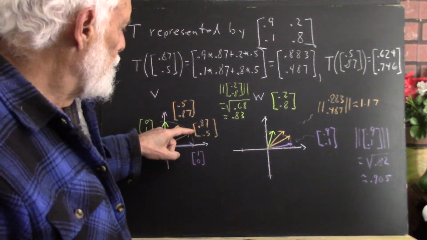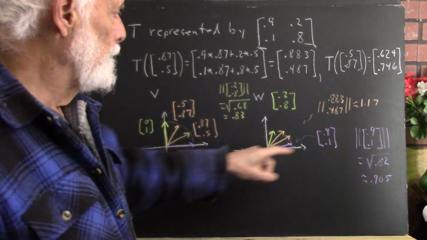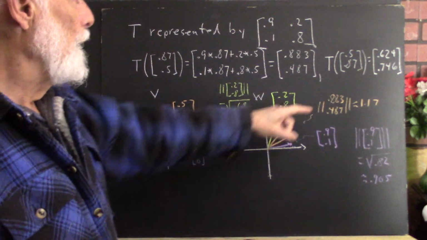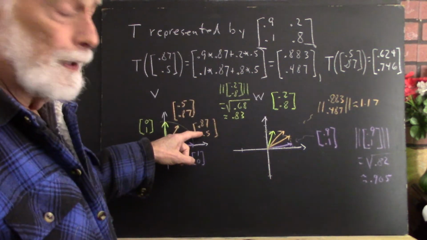Okay, let's look again at the image of the 0.87, 0.5 vector. It's 0.883, 0.487. The 0.883 is bigger than the 0.87.